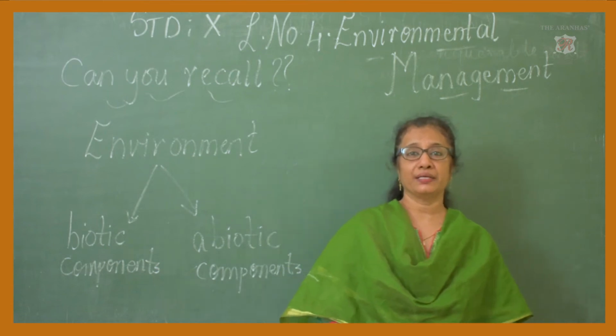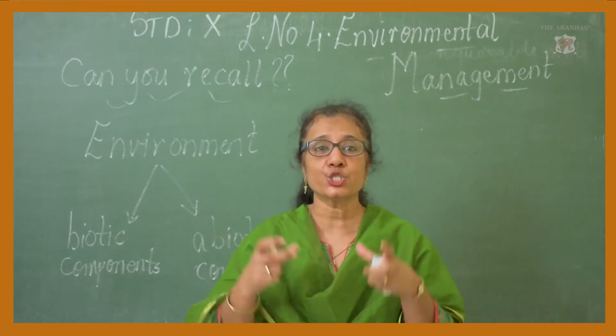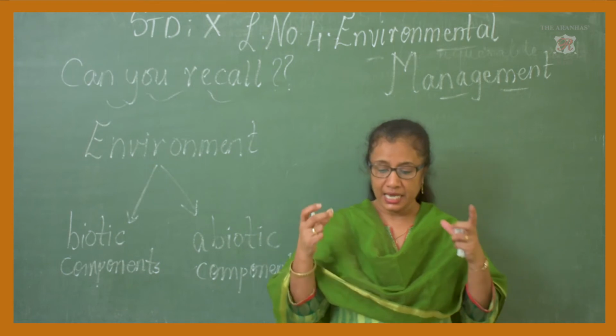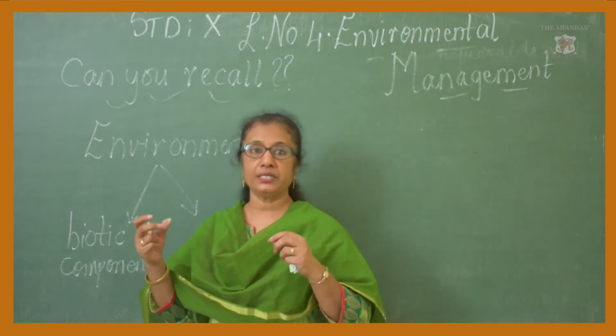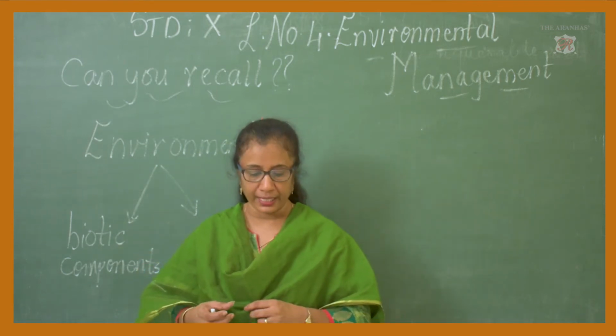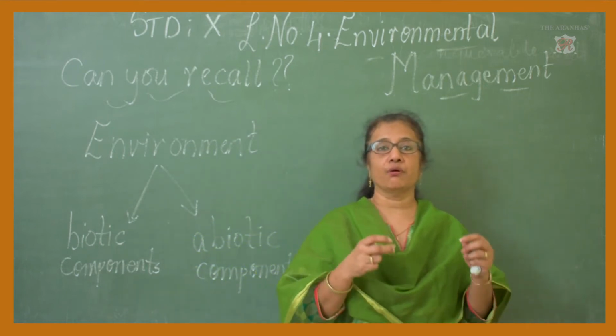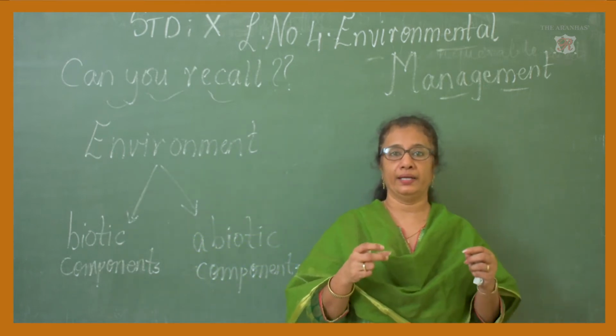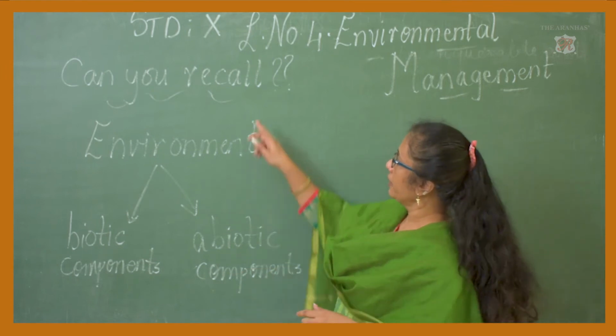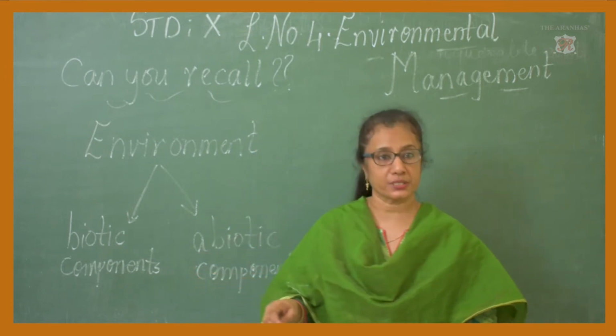And what is happening is, there is an interaction between these two components. And when these two components interact with one another, what does it form? It forms an ecosystem.